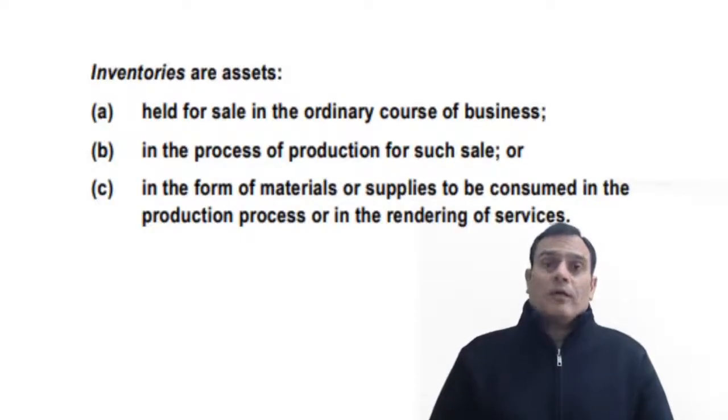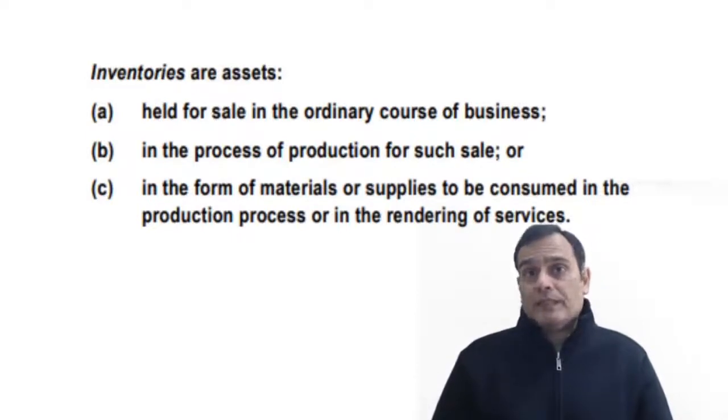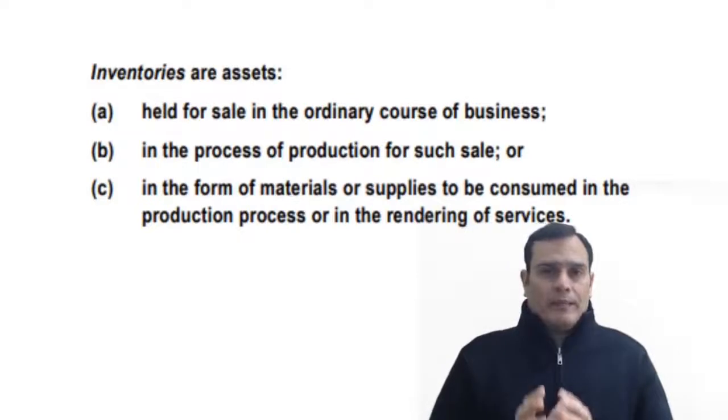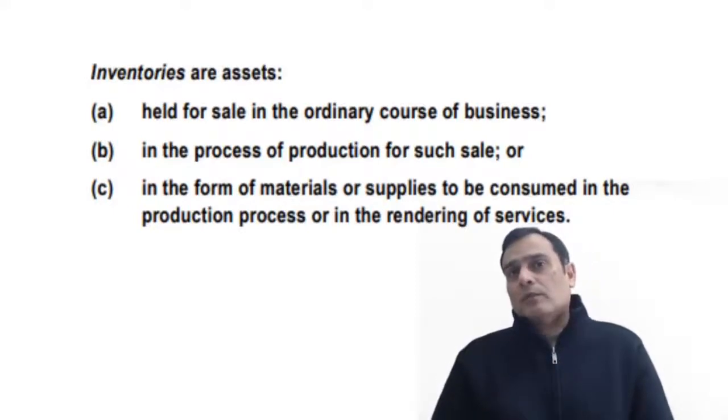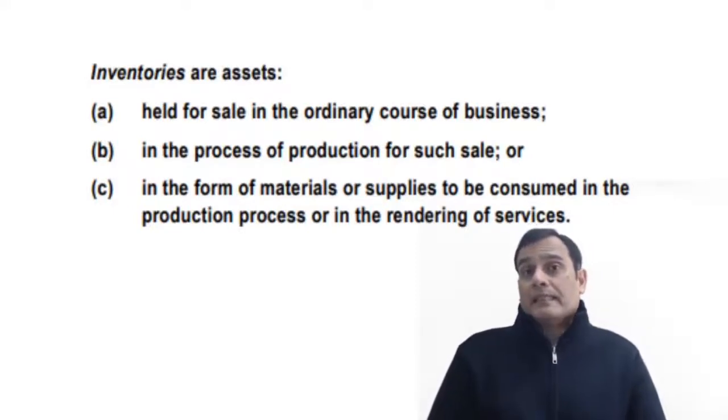Let's have a read on the definition which is given in Ind AS 2 as far as inventory is concerned. And when I look at the definition, it says inventories are assets. Let's focus on the word asset.